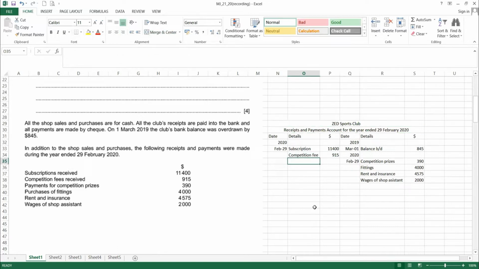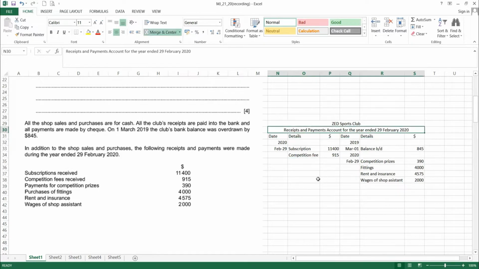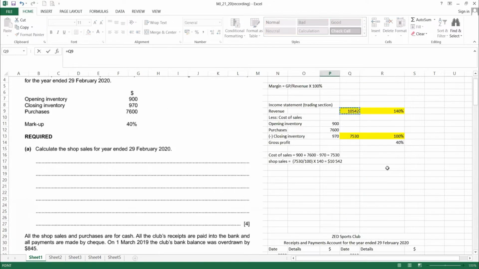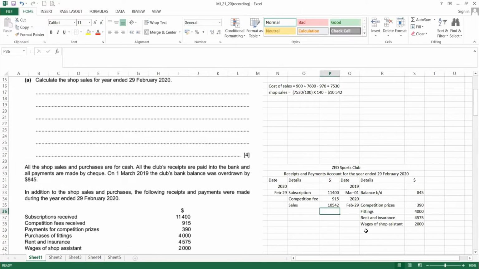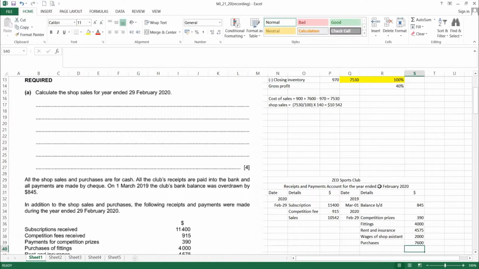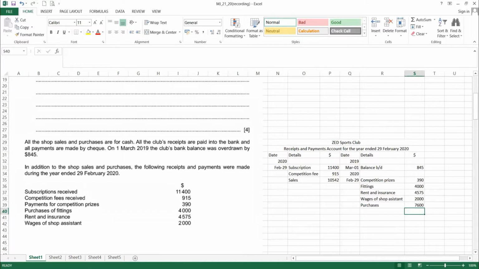It's just like a cash book. Basically, this one is just like a cash book. Debit receive, credit payout. So here we have to put in the sales amount, 10542. And the purchases amount, which is given by the question, 7,600. So all the amounts are recorded based on the information already.